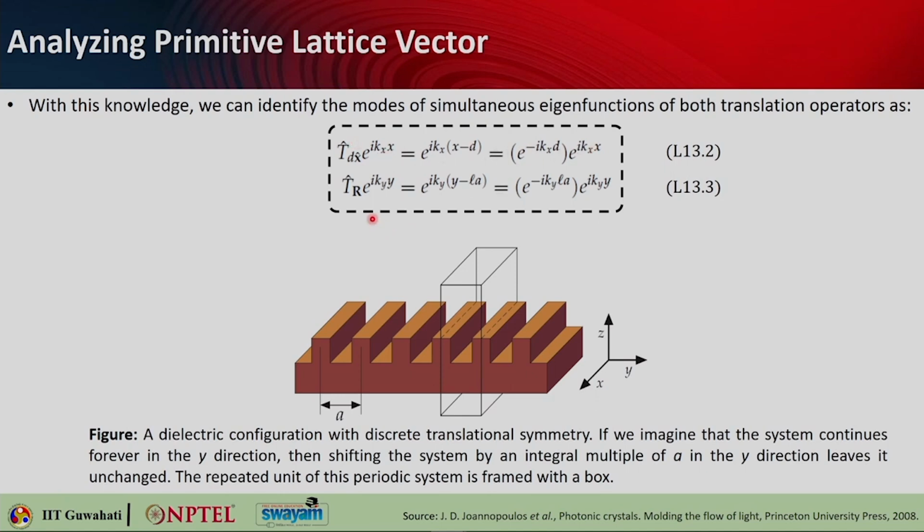Along y you have a discrete translational symmetry, and that happens along R, that is l a, an integral multiple of the lattice period. These are the two translation operations, and using this you can identify the modes as simultaneous eigenfunctions.